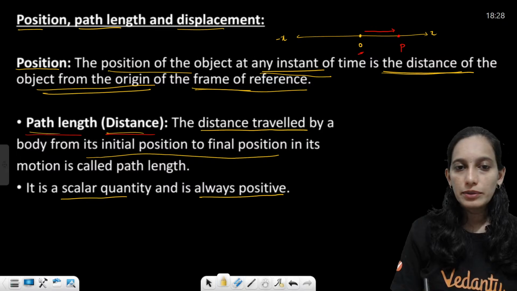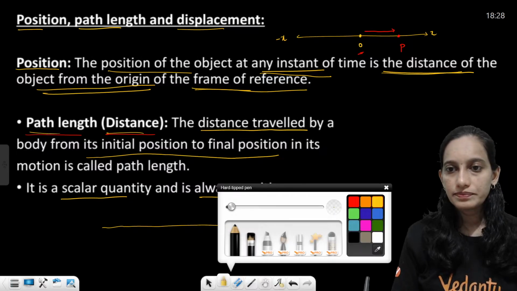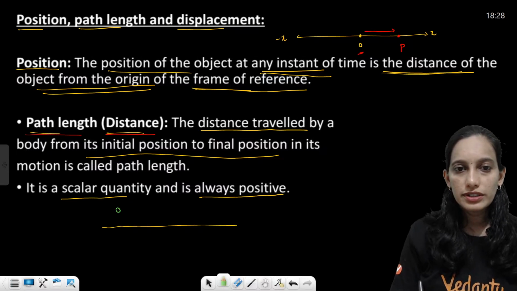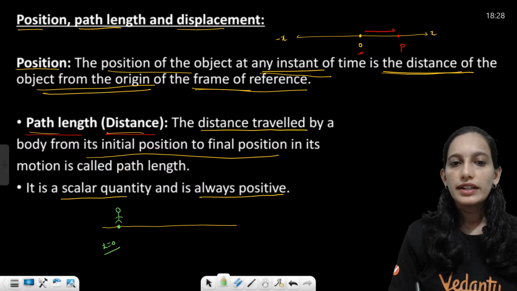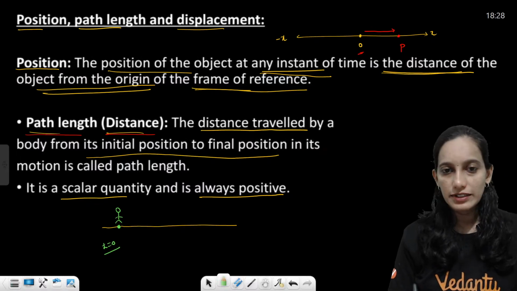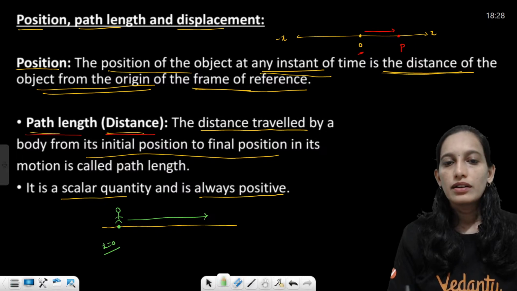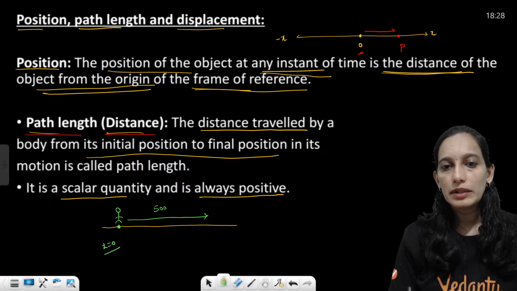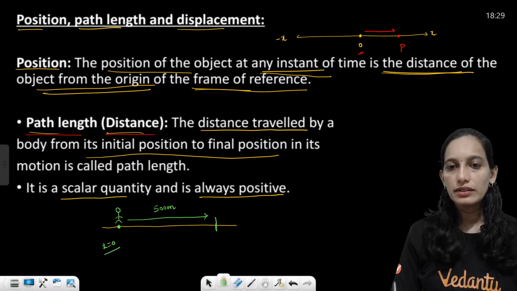Let us take an example. Let me say some person, initially when time t equals 0, started from this position. He walks some distance, let me say 500 meters. This person has walked 500 meters till here.